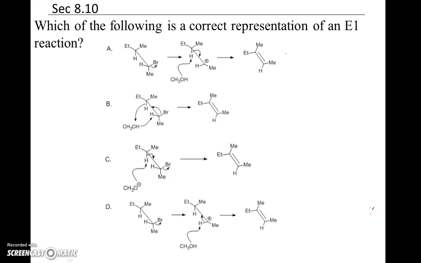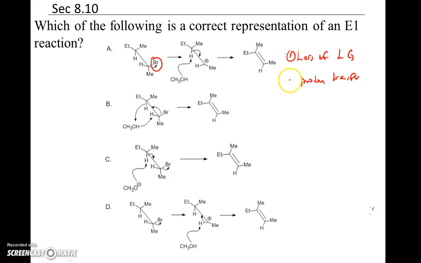So which of the following correctly represents an E1 reaction? In the E1 reaction, you have the loss of the leaving group followed by the proton transfer. So here you have a loss of leaving group, and then you have a proton transfer.